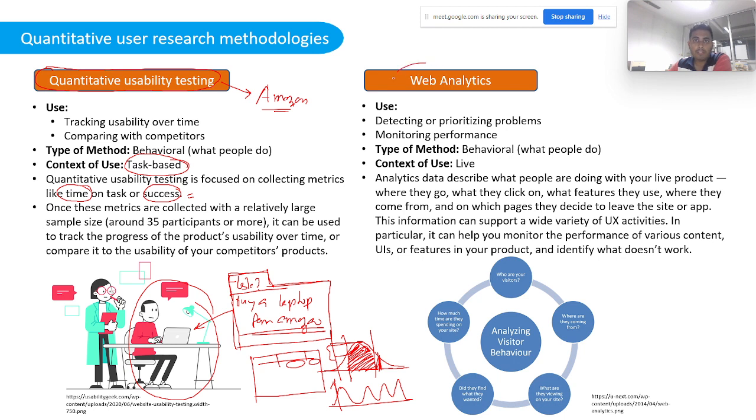Another quantitative user technique is web analytics. Here we ask people to navigate inside or across a website, and we do not give any specific goals at the initial level, but we try to see how people move inside that website, what they look for, and what they are viewing.